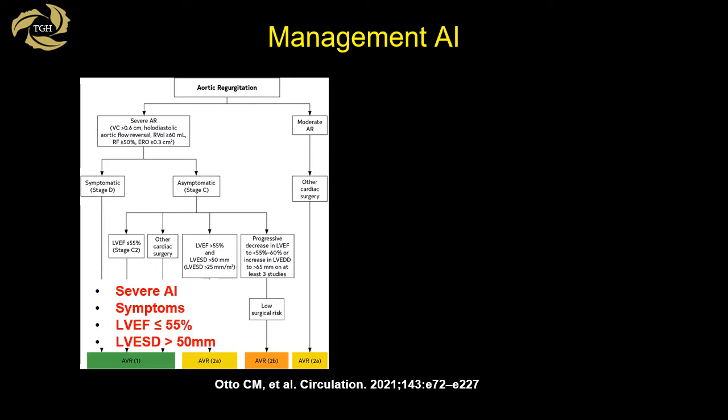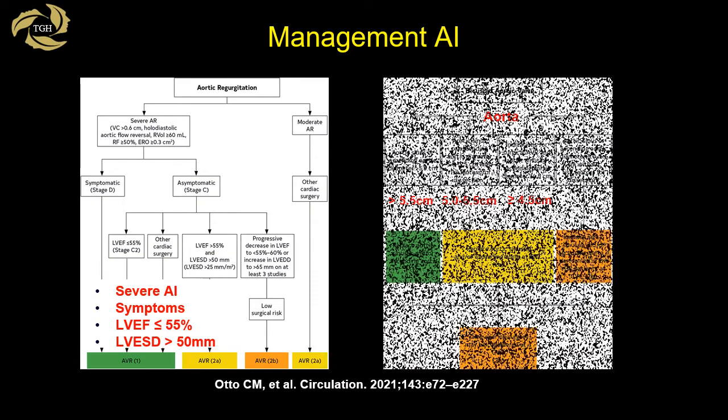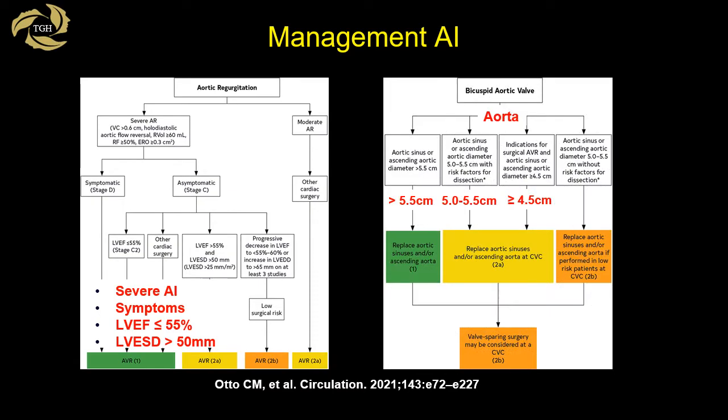In asymptomatic patients or those with moderate disease, the decision to intervene considers several factors, including aortic valve anatomy, aortic root size and shape, regurgitation severity, and other comorbidities. Management of bicuspid aortic valve disease differs in that there is consideration of aortic size as indicated here.